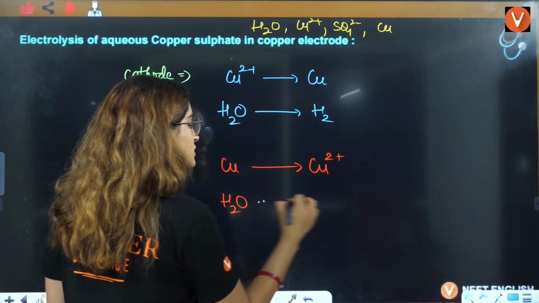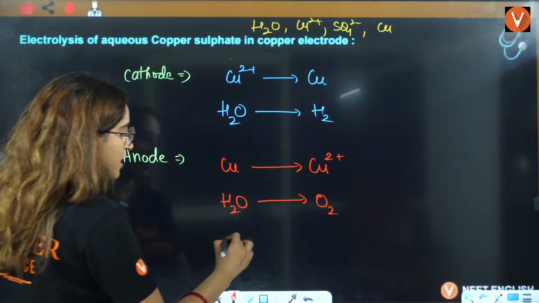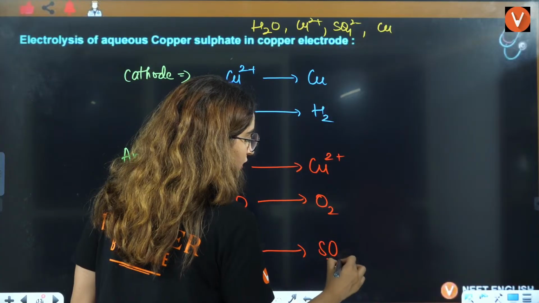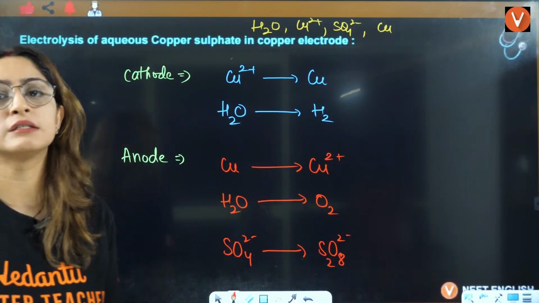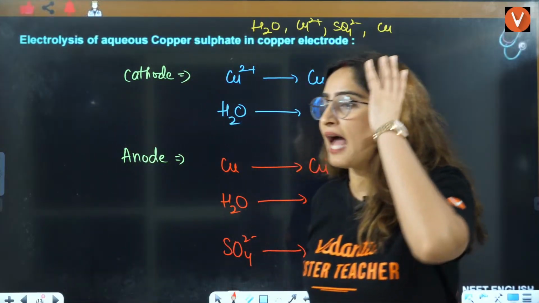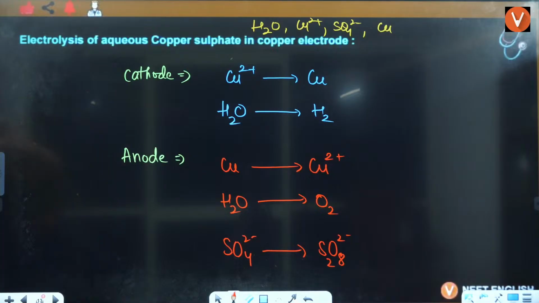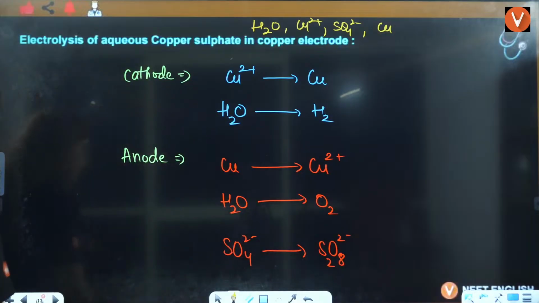Water can lose the electron and get converted to O2. Third, SO4 2- can lose the electron and get converted to S2O8 2-. These are the three possibilities that you have here. Do let me know if that is clear to everyone or not. So you have a total of three possibilities here.